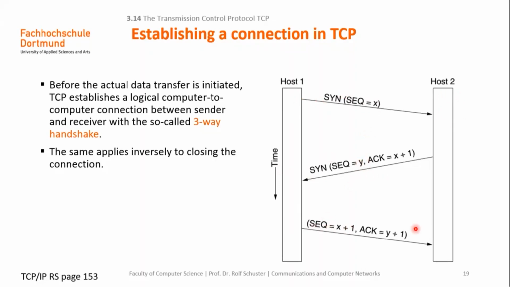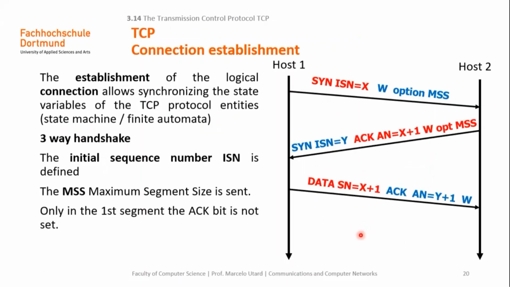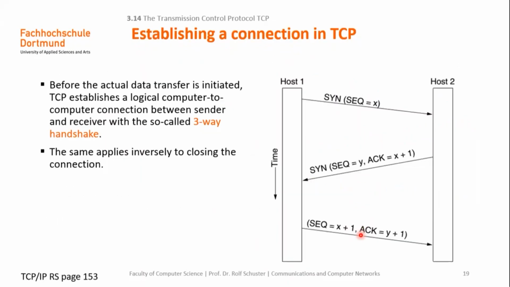Then finally, we establish the connection with this three-way handshake. Once the connection is established, we can exchange data between host 1 and host 2 in both directions.